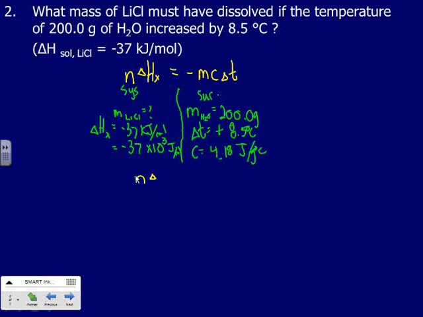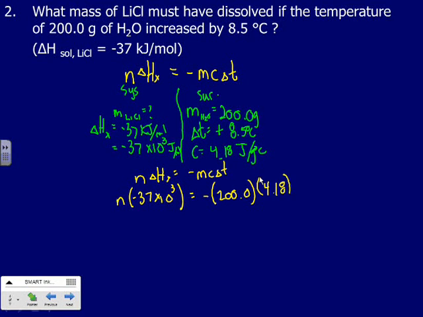So n delta Hx equals negative mc delta T. So n, and then this is negative 37 times 10 to the 3 joules per mole, equals negative, and the mass 200 grams, the C 4.18, the delta T, in this case, positive 8.5 degrees Celsius. Notice the two negatives will cancel each other out.